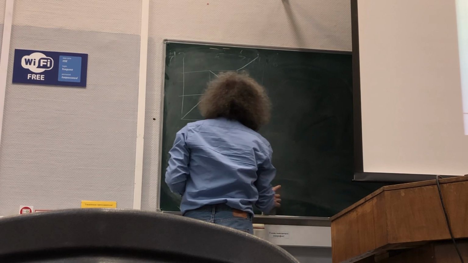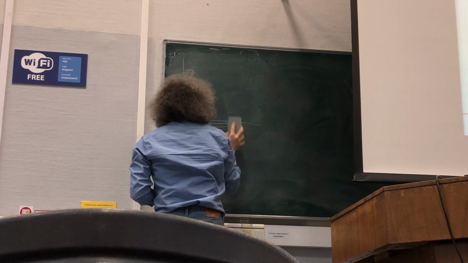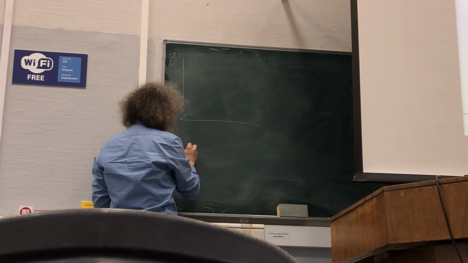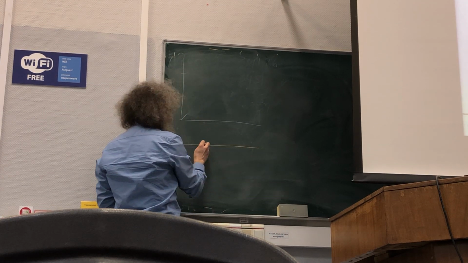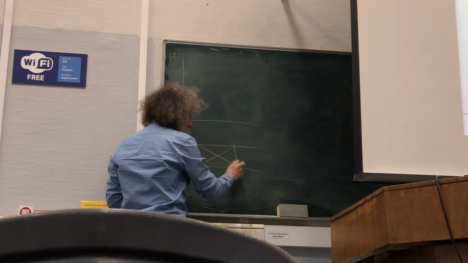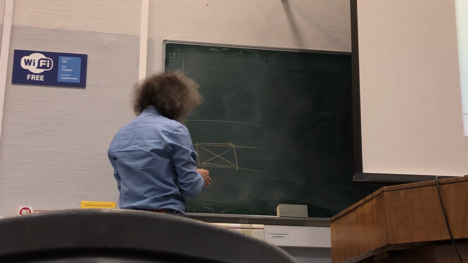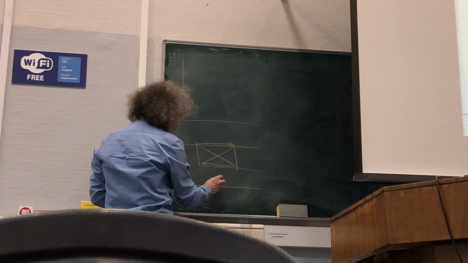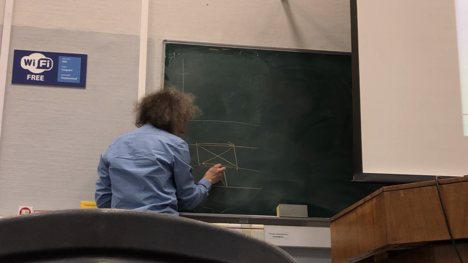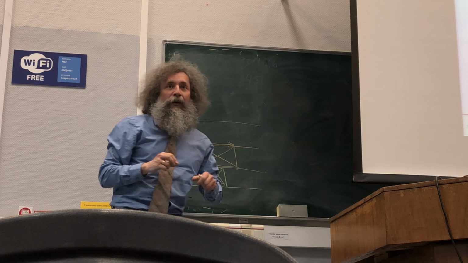For instance, if we had the following scenario, we had a genome, then we had an inversion here, and then we had an inversion here. How would that look on the dot plot?